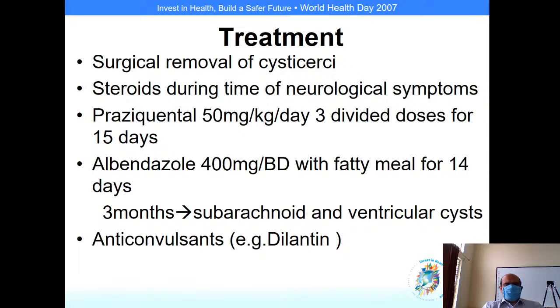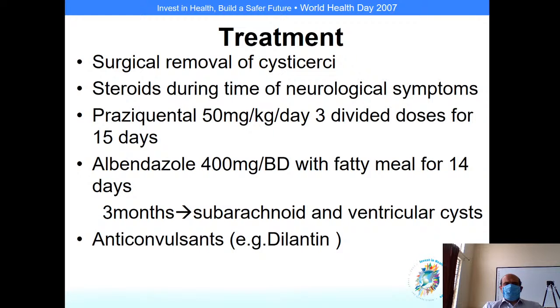Coming to treatment: surgical removal of cysticerca and steroids during the time of neurological symptoms. Praziquantel 50 mg per kg body weight per day in 3 divided doses for 15 days.